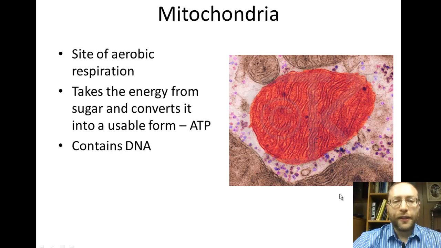It takes the energy in the bonds that hold the atoms in the sugar molecule together, and converts that energy into a usable form called ATP. We'll get into ATP quite a bit more in the biochemistry unit, which is going to follow this one.